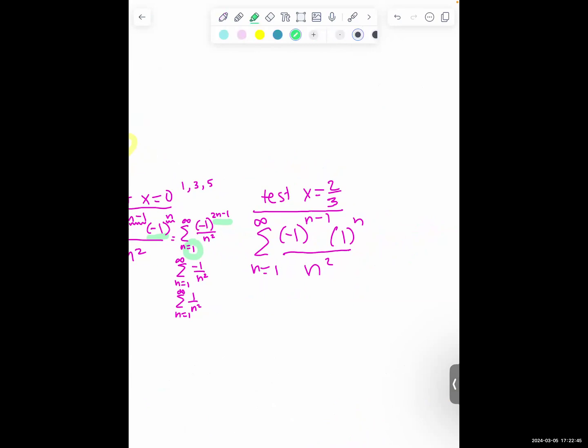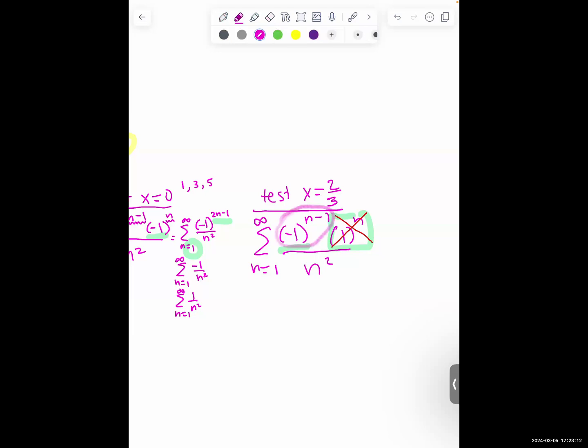Here's another part that I get a lot of questions on, trying to combine negative 1 and 1 to the n. A couple of things: negative 1 and 1 don't have the same base, so you can't just add the exponents. And more importantly, 1 to any power is just 1. So you can automatically cancel that part out, because 1 to any power is just 1. What you have left is just this part.